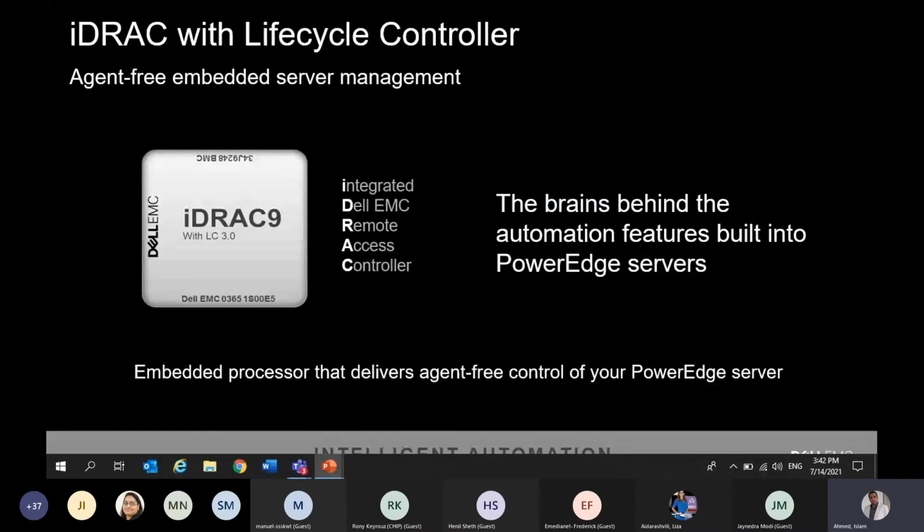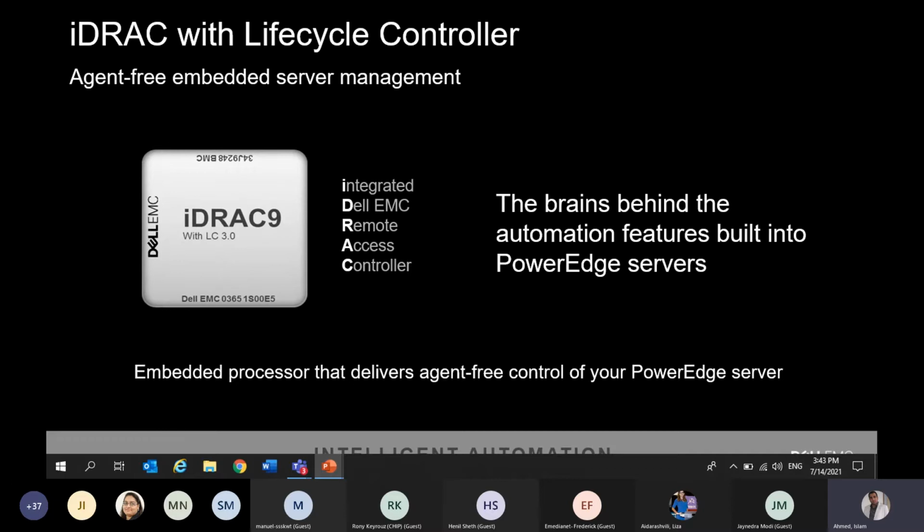What's the meaning of that? iDRAC means integrated Dell remote access controller. This is actually the brain behind the automation feature built into the PowerEdge. Do the competitors have something like that in the market? Nobody has this kind of controller because it's agent-free.